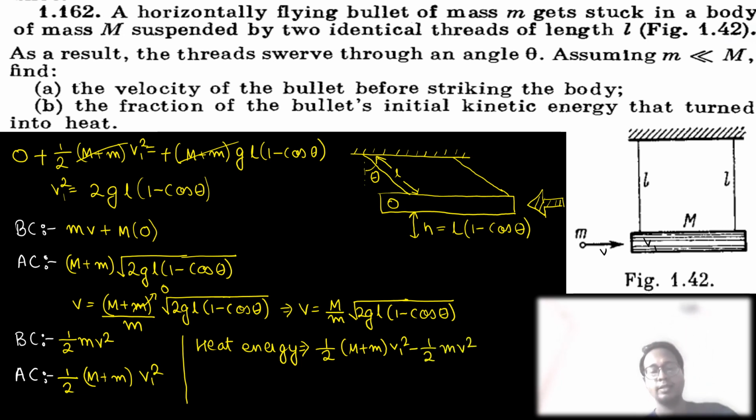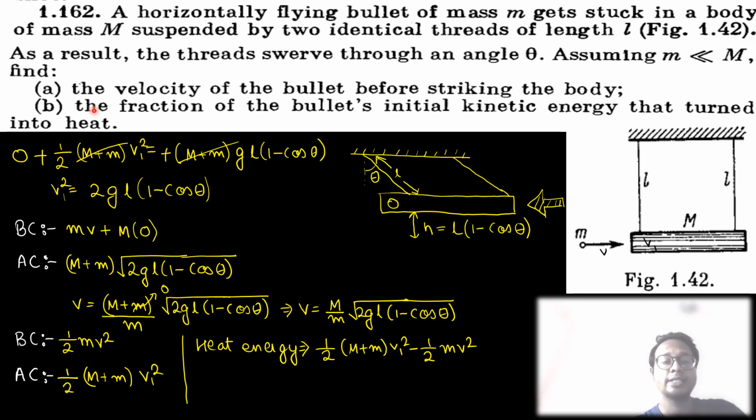Understood? So this much energy got converted into heat. And one more thing, do you know how it got converted into heat energy? The friction force. So this is nothing but the work done by the friction force that got converted into heat.